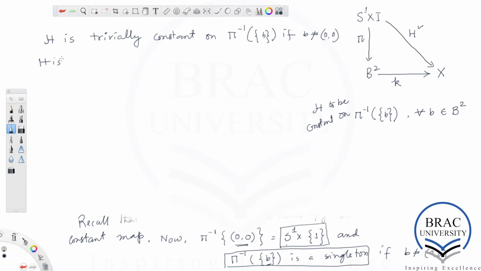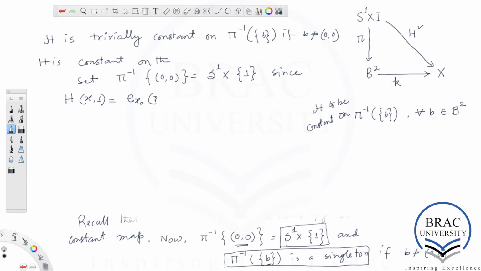And we have also seen that H is constant on the set, the inverse image of (0, 0), which is S1 cross the singleton 1. Why? Since H of (x, 1) is E sub x0 of x, for some x0, this is the constant map. And H was the homotopy between small h and a constant.